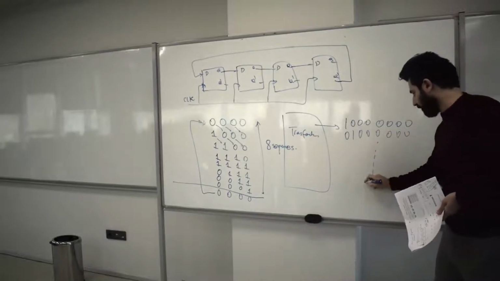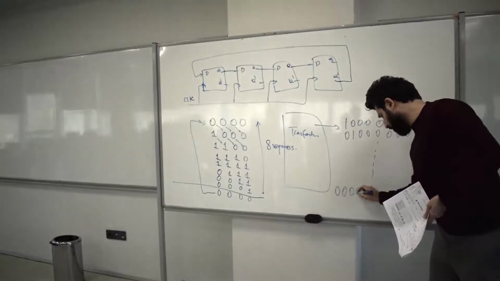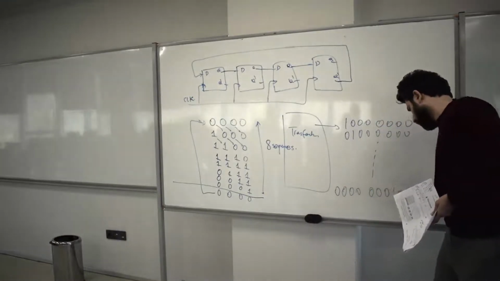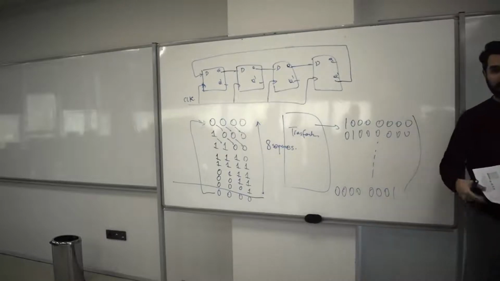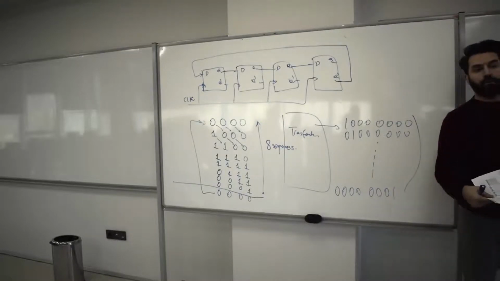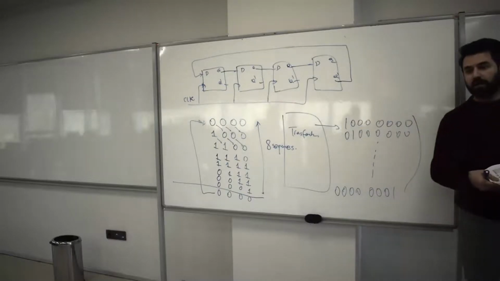And so on, until we hit the last one, 0, 0, 0, 0, 0, 0, 0, 1. Now this is the format I like, because this is the format just like the ring counter output. Now I can enable 8 different modules instead of 4, okay?